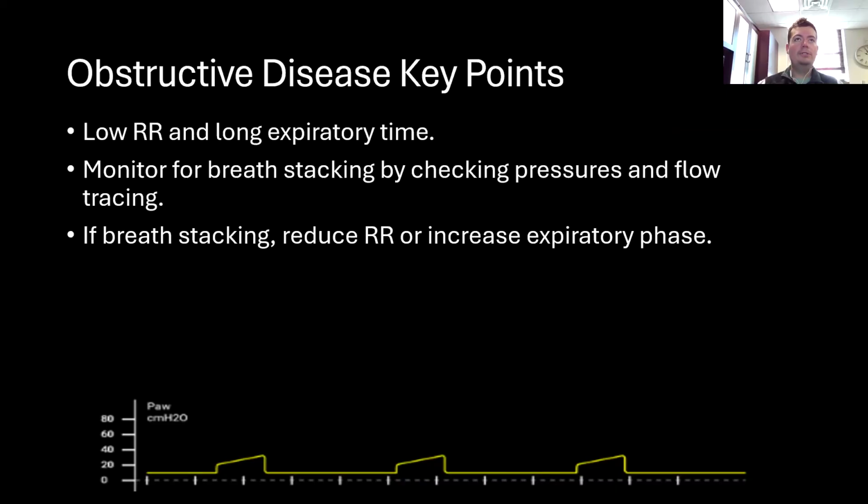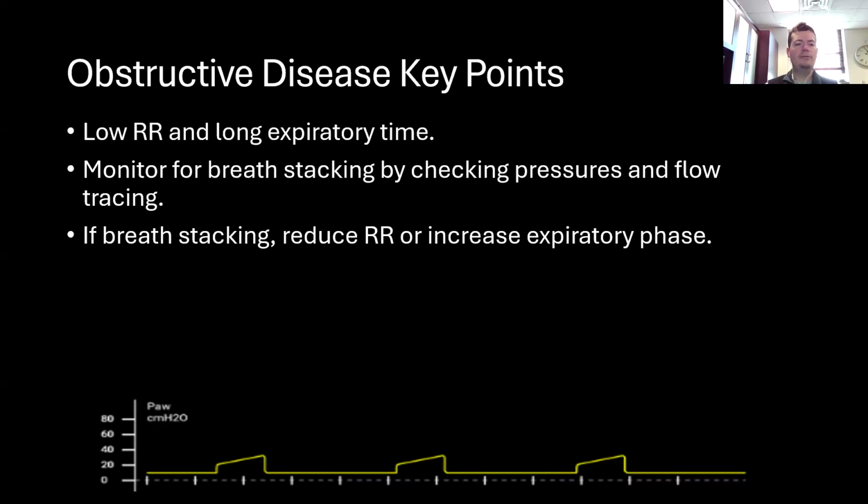So what are our conclusions for obstructive disease? We want to give our patients a lower respiratory rate and plenty of time to exhale. So this is, like I said, low respiratory rate and then a longer expiratory time. And then monitor your patient for breath stacking. A quick and easy way to do it is to look at the flow or volume tracing, which is pretty easy to see on the ventilator.